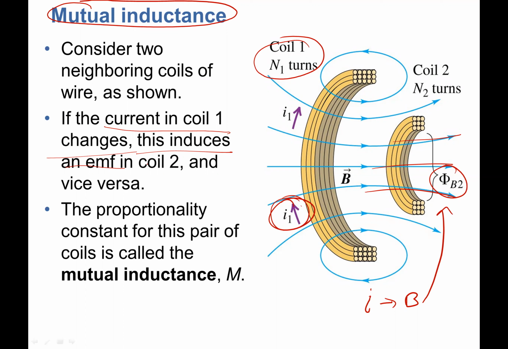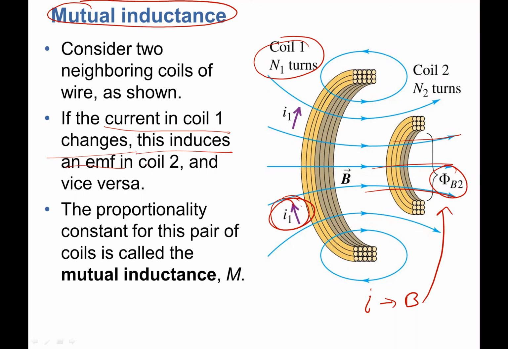The proportionality constant for this pair of coils is called the mutual inductance, M. By changing the magnetic field through coil 2, you're inducing current there, and that current in coil 2 generates a magnetic field that then goes through coil 1.